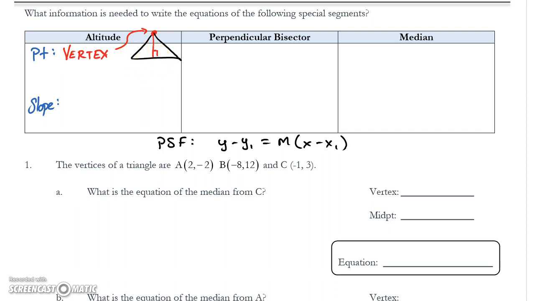Why is that important? It's important because I know the ordered pairs of this opposite segment. I'm going to find that slope and use the perpendicular slope to it. I call that the perpendicular slope of the opposite side.